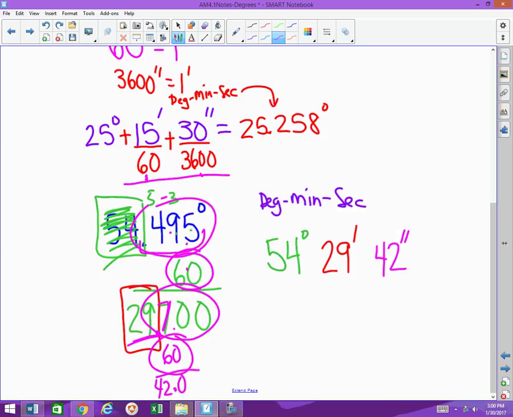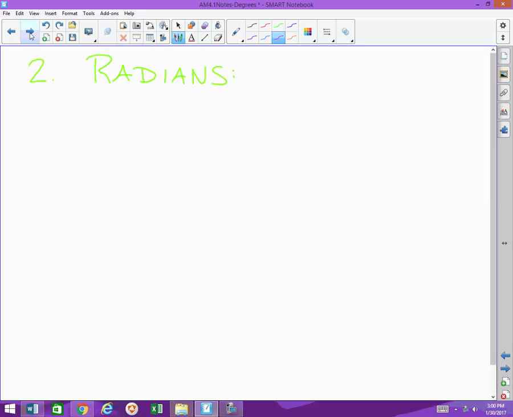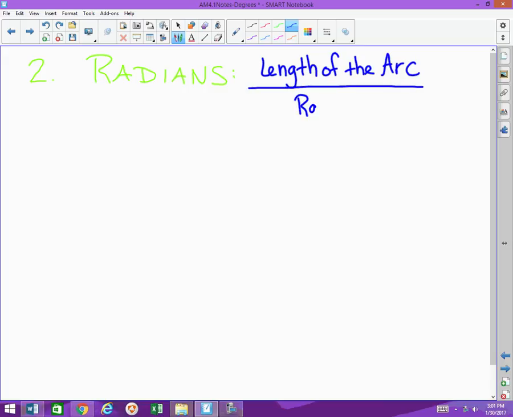We won't spend too much more time on that because I think you should understand how to do that by now. The other way is with radians. And the radian measure of an angle is the length of the arc divided by the radius of the circle.